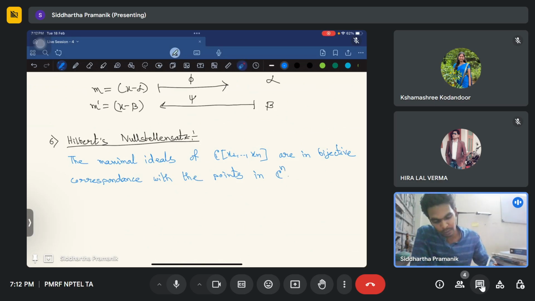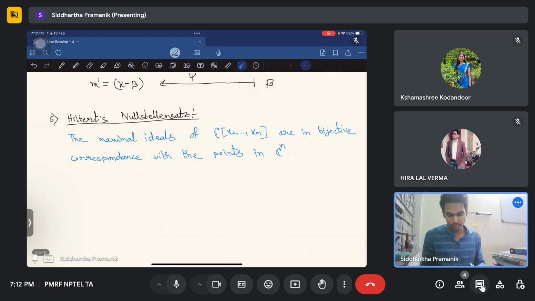In our case, we have taken just one variable. So in that case, it will be a bijective correspondence with points in C. But it is true in multivariable also. So this is a very basic part of Nullstellensatz. I have not written the complete one, but this is something you can take as information.